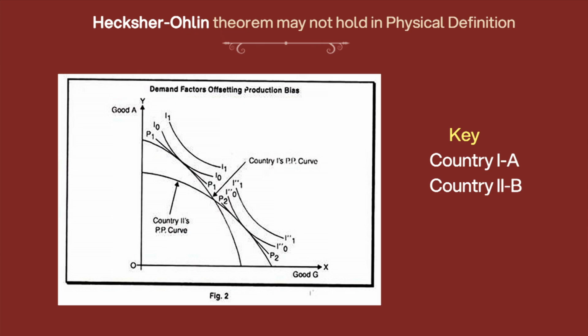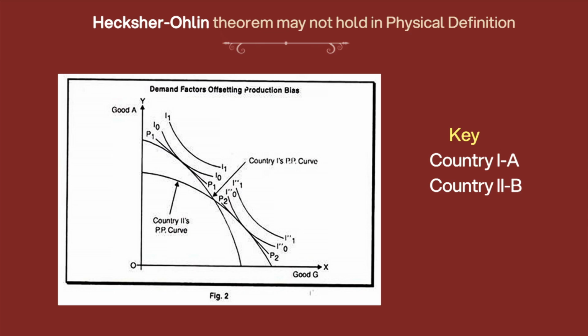If we look intently at this diagram, we will find that the consumption patterns, represented by the indifference curves, are different in the two countries. In country A, the demand pattern is more biased towards the capital intensive good. And in country B, which was our labor abundant country, the consumption pattern is biased towards the labor intensive good.